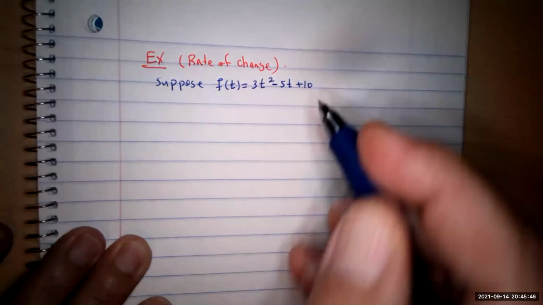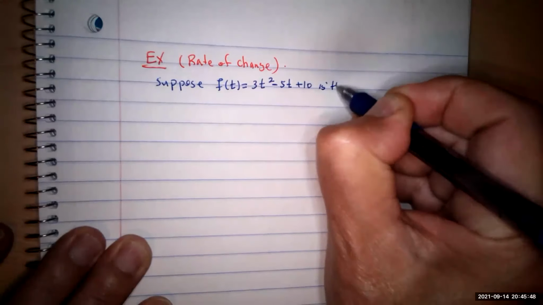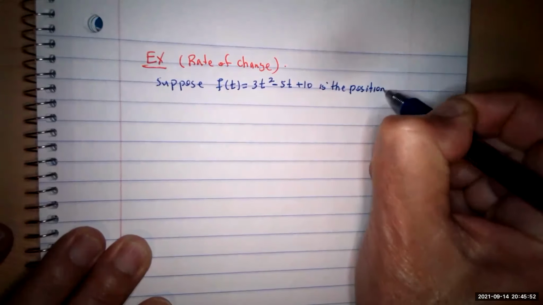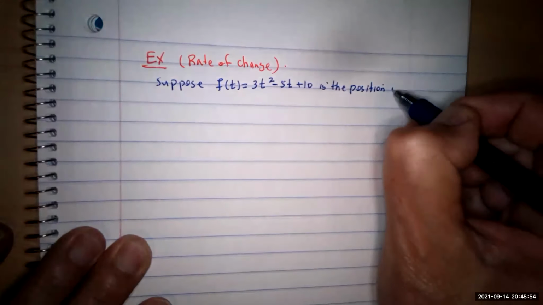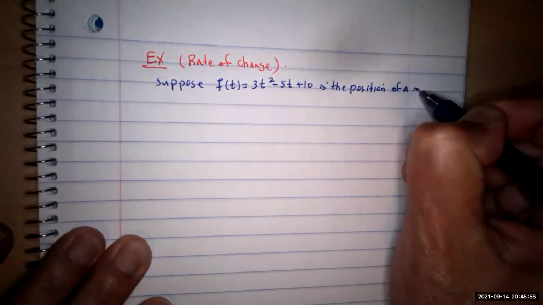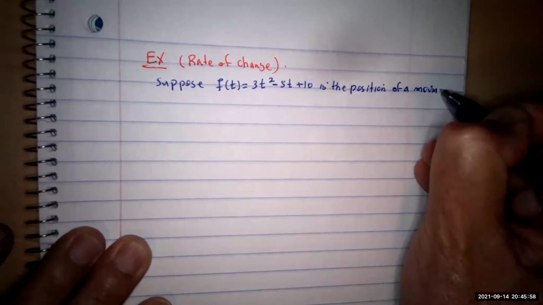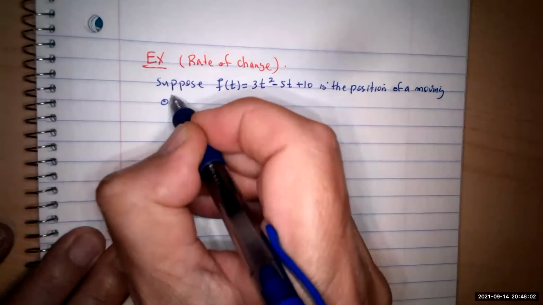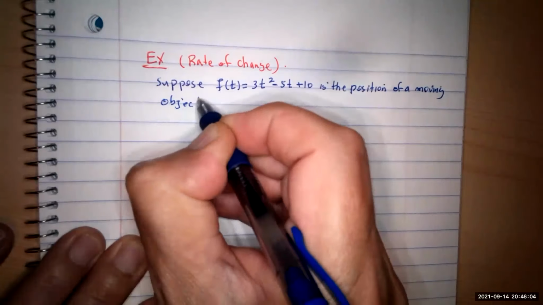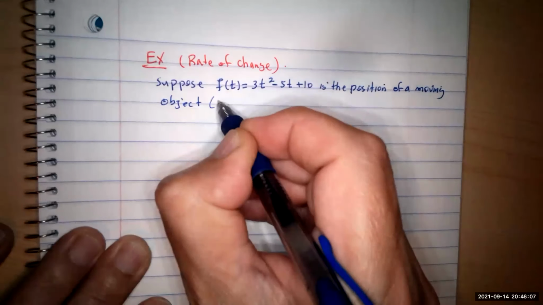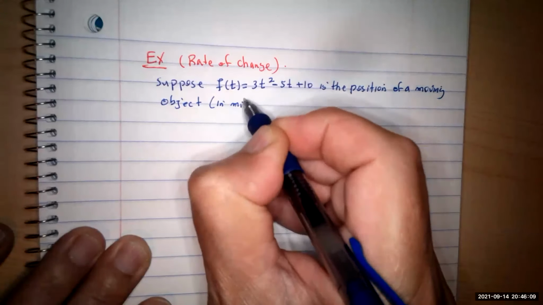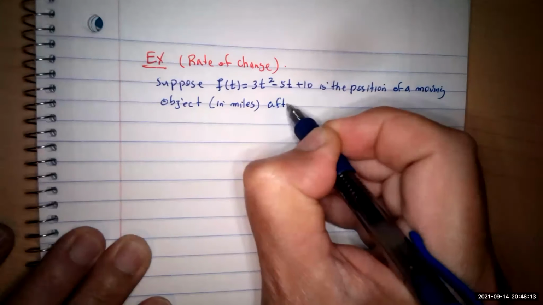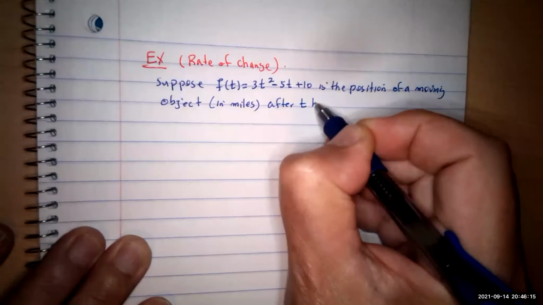Suppose this is the position of a moving object, in miles, after t hours.